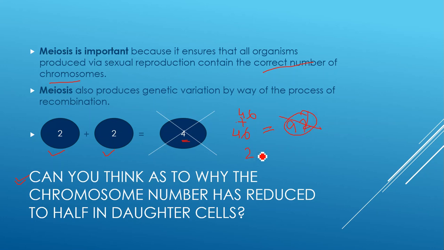So that is why we do meiosis, produce the gametes and reduce the number to half, so that our species-specific number will be reached. That is why meiosis is done.